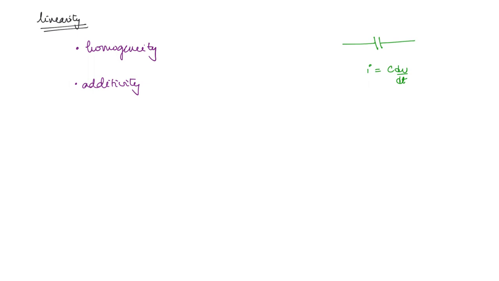So we will take V of t as the input or the excitation and I as the response. According to the homogeneity property, if the input is k times V of t, then the output also should be k times I of t. We will see if that is really the case.